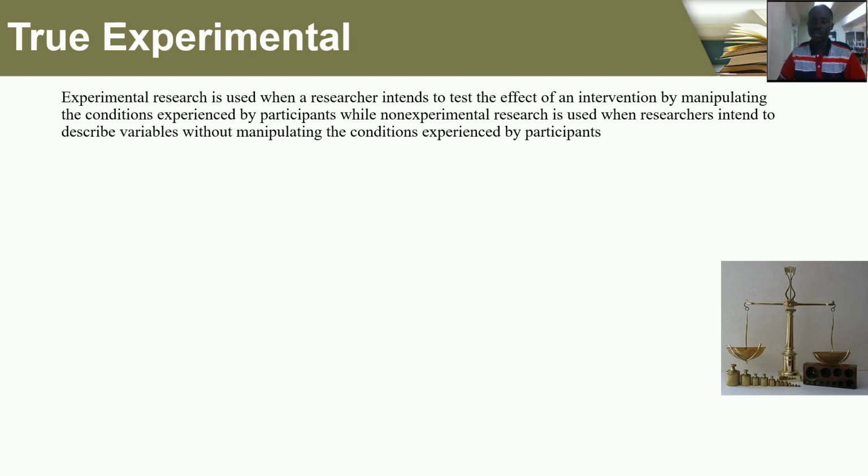What we are trying to say is that in experimental research design, the researcher is interested in identifying the effect of one variable on the other by manipulating a certain group of variables so that the effects of said group can be measured on the other group.